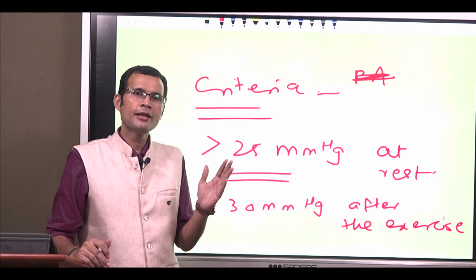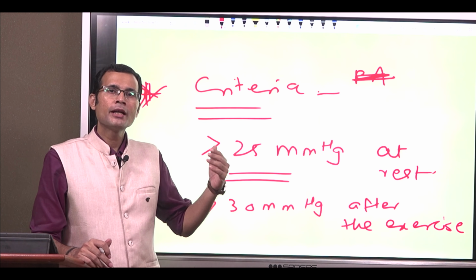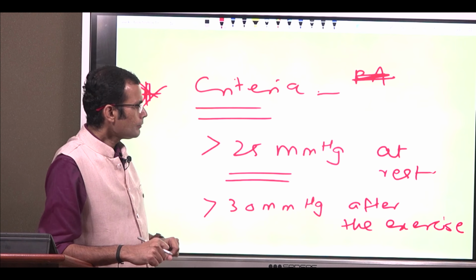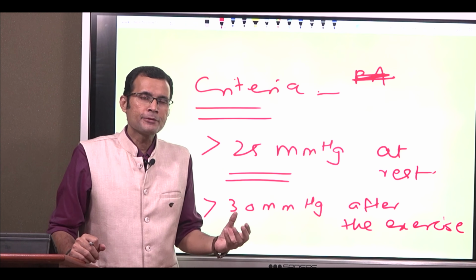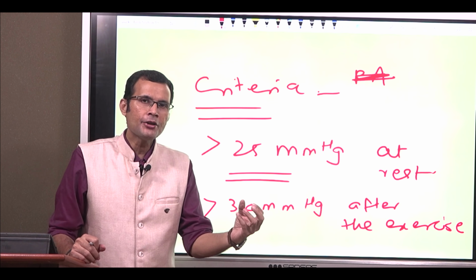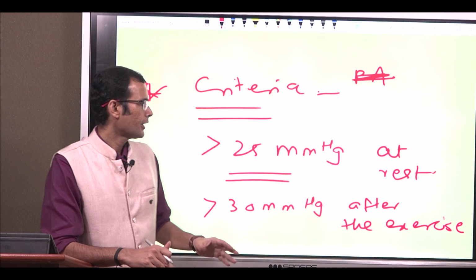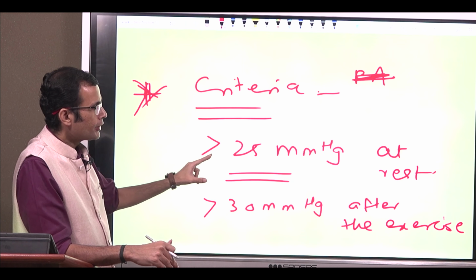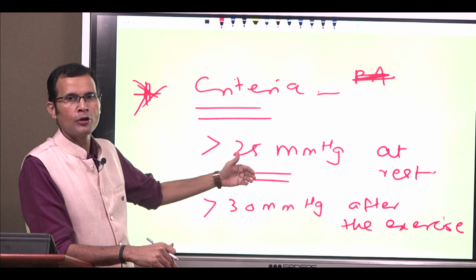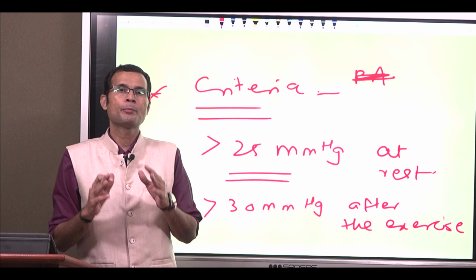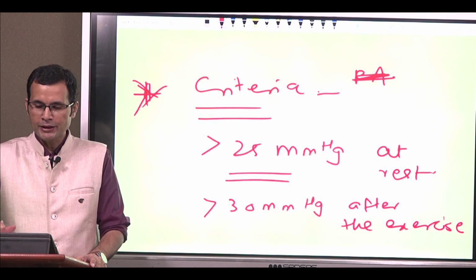If there is a right-sided heart failure, then the blood is dammed in the systemic veins. So, in the absence of any left atrial increase in the pressure, just if the pulmonary artery pressure is increasing and it's going beyond these levels, then you will label it as primary pulmonary hypertension.